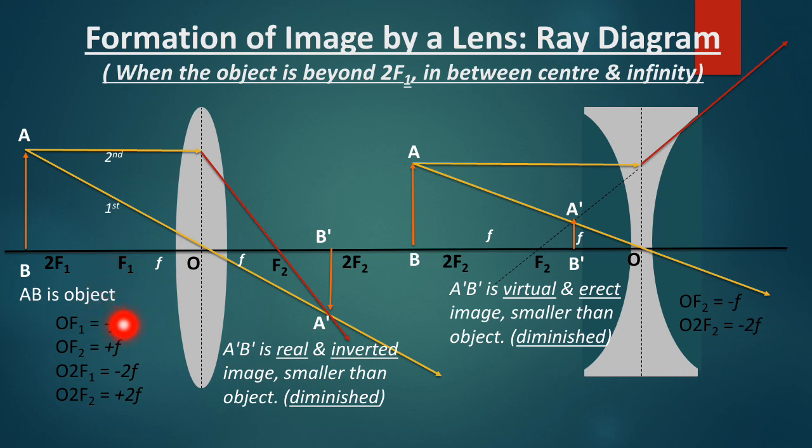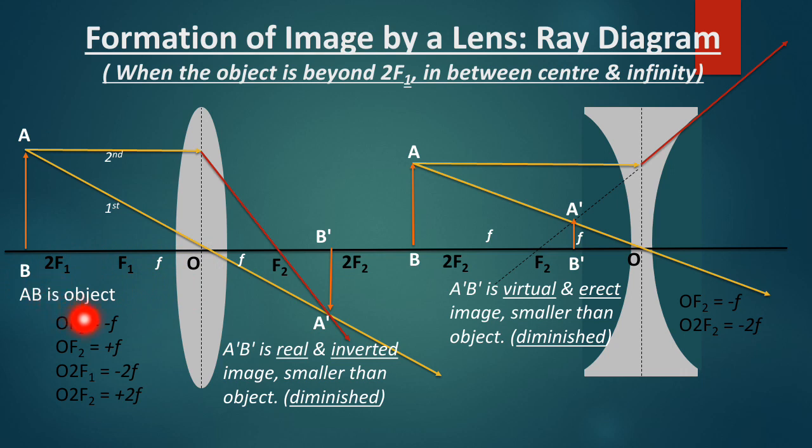This thing we'll know in sign convention also, but here you just try to see that we are taking the object here at B, which is beyond 2F1. Beyond 2F1 means, you have the idea that focal length is half of the radius of curvature. So this is f and this is f, so this total distance is the radius of curvature, I mean O to 2F1.